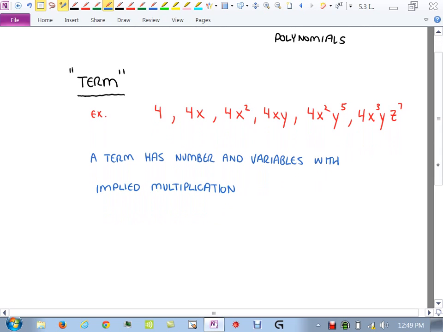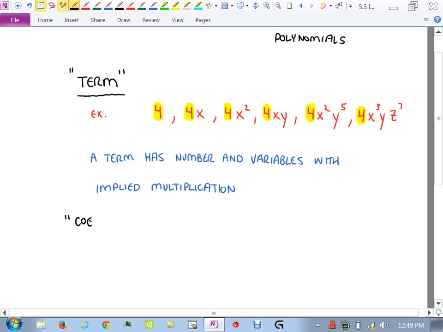Now, within every term, there's something else in a term that we need to know, and we need to know what it's called. And that is simply the number that appears in the term. In this case, every single term that I gave you up here has the same number in it, right? 4. That number is called the coefficient of the term. So that was my next definition.